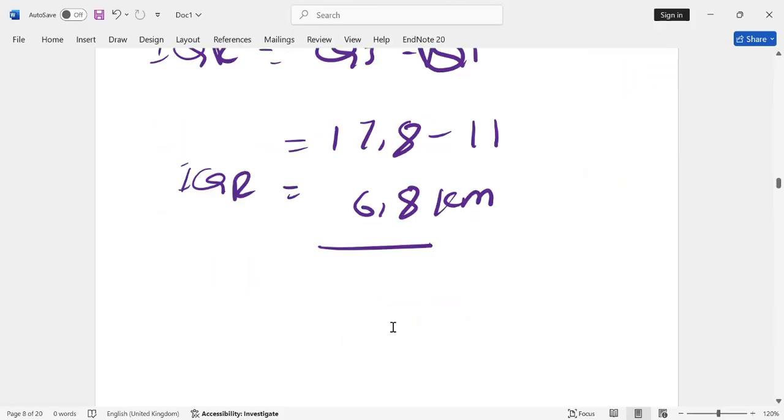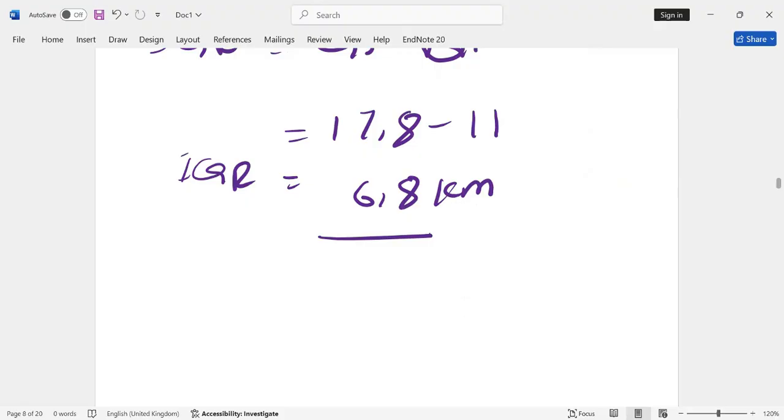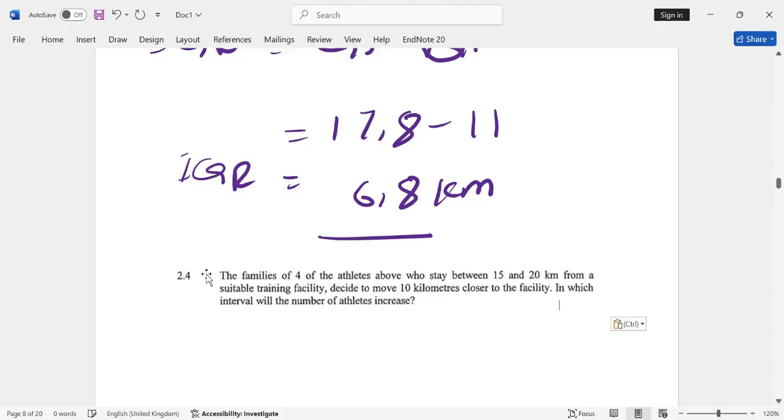All right, so the next question is 2.4. Okay, the families of four of the athletes above who stay between 15 and 20 kilometer from a suitable training facility decide to move 10 kilometer closer to the facility.